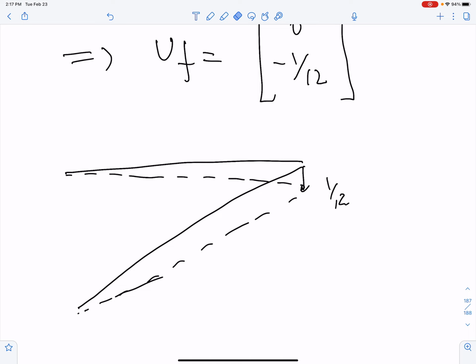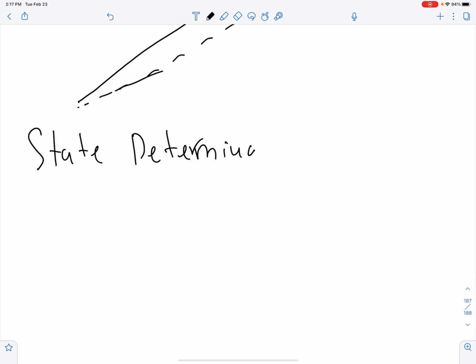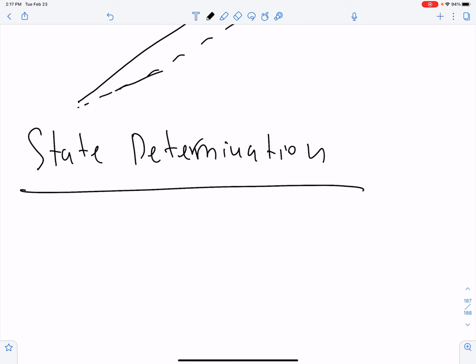Good. Okay. So let's do the state determination. And for this one, again, we'll work element by element. Right? Let's start with element A. Okay.